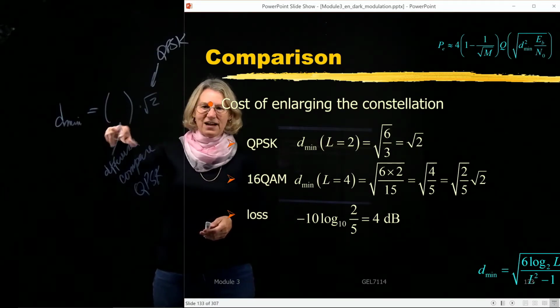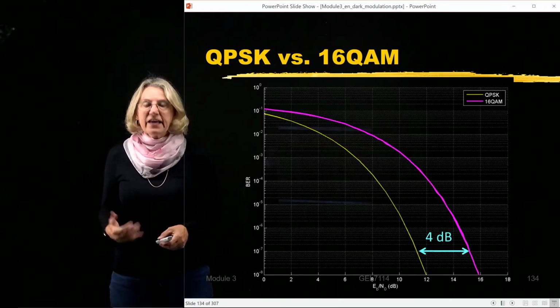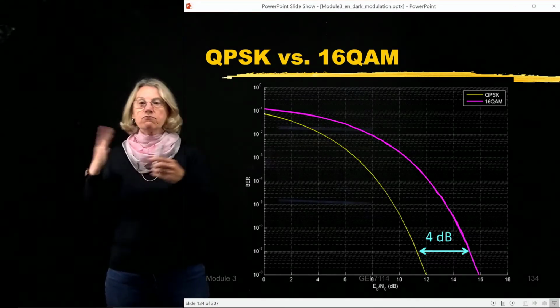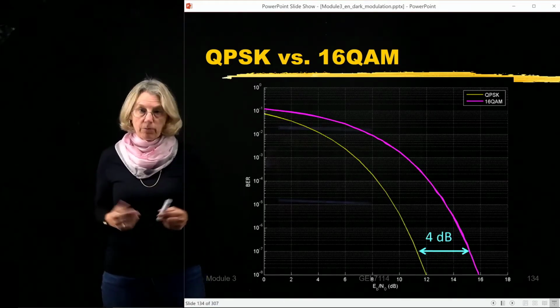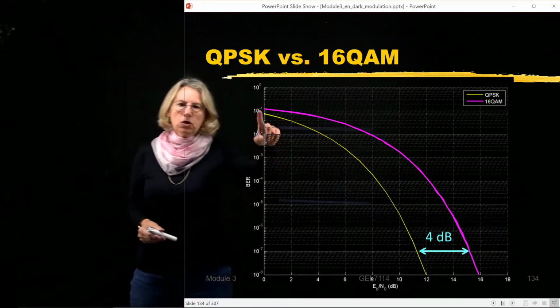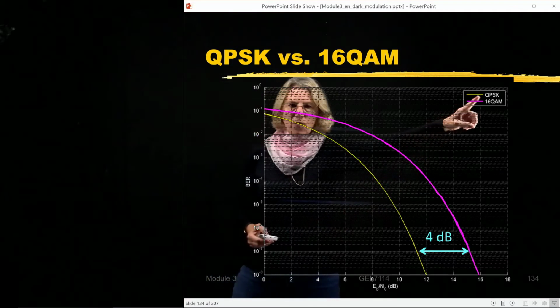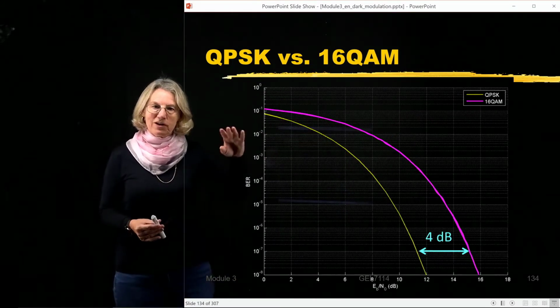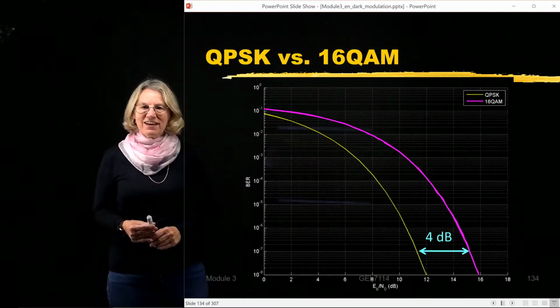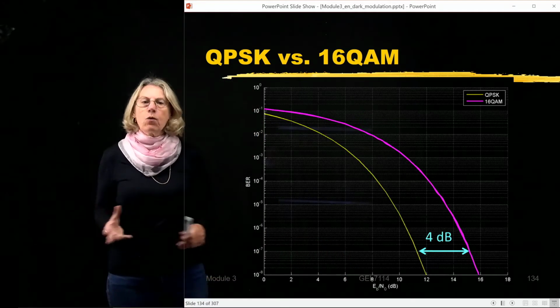And again, it comes from this expression. So it's great to be able to quantify the difference between one modulation format and another, but it's another thing to look at it graphically, which is even more helpful. So remember, here is the QPSK waterfall curve. You can see the yellow one is QPSK. And I plot next to that this purple or pink curve, which is the bit error rate versus Eb over N0 for 16 QAM.